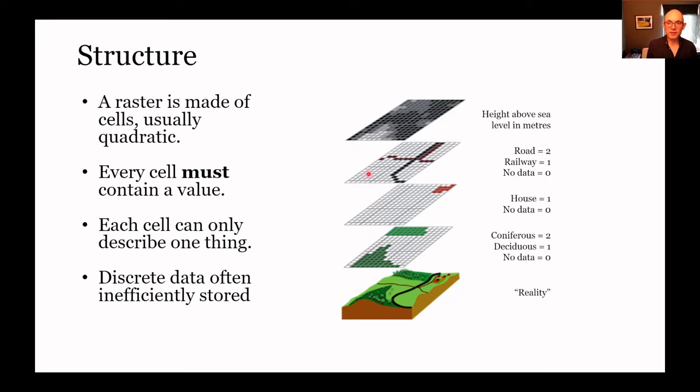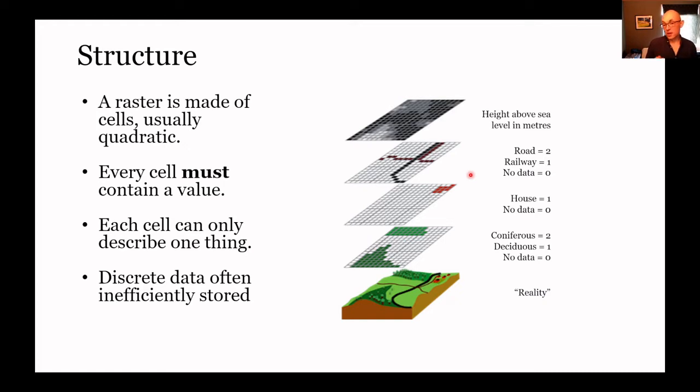But for our raster, it means that because we have to have information for every single cell, where there aren't the things that we're interested in, we still need to say nothing here, nothing here, nothing here. Oh, here's something. So it's repetitive, dull, but it's just what we have to live with when we're using rasters.